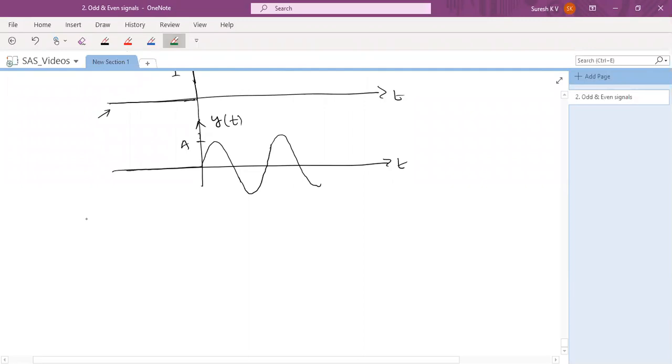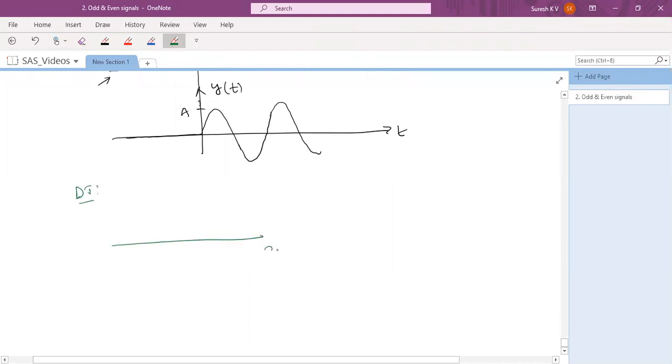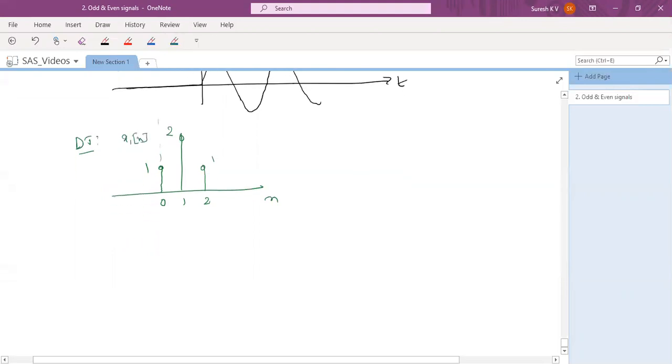We can also consider an example of a discrete case. Say n is equal to 0, the magnitude is 1, n is equal to 1, the magnitude is 2, n is equal to 2, the magnitude is 1. This is one signal, say x1 of n. And for x2 of n, let us assume that at n equal to 0 the value is 0, at 1 it is 2, and at 2 it is minus 1.